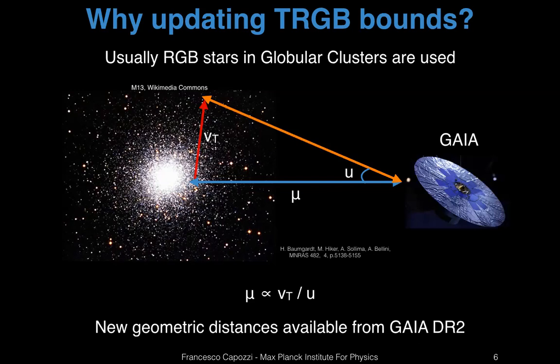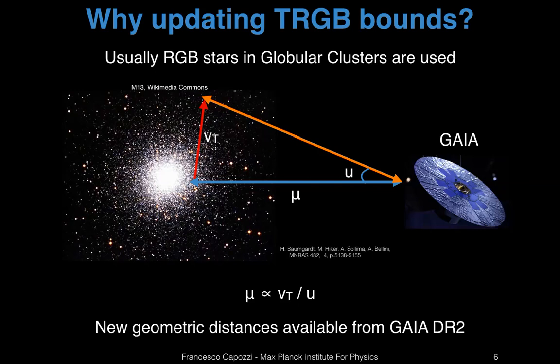However, very recently, there has been a reevaluation of the distances of the globular clusters using some inputs coming from the Gaia data release 2. Basically, Gaia is doing a very nice job in measuring the proper motions of stars. Proper motion is basically the angular variation of the position of an object with respect to the background.